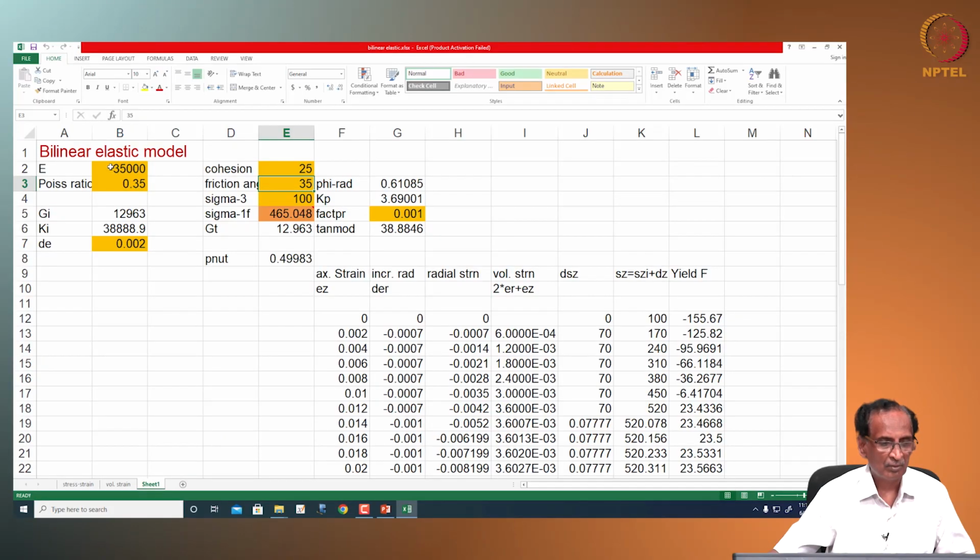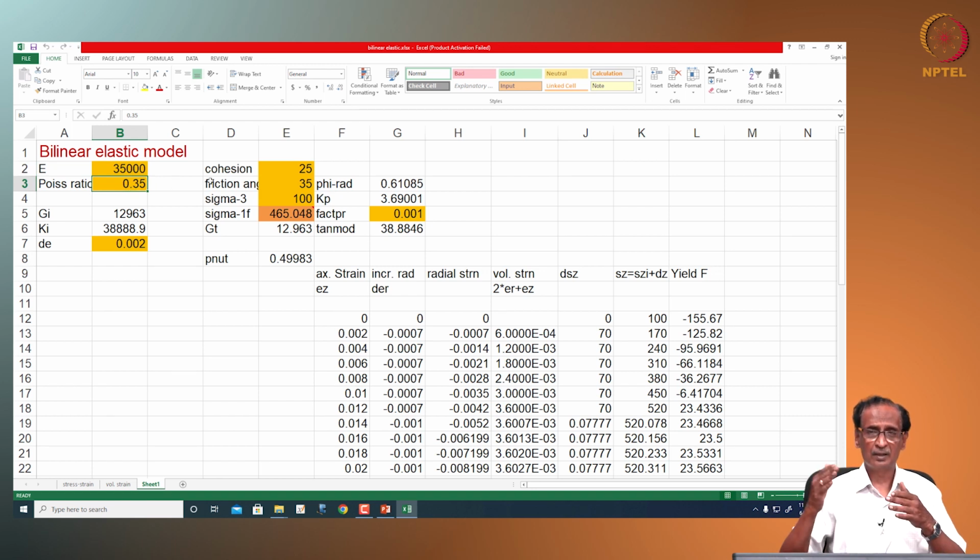This is a bilinear elastic model in terms of shear modulus and bulk modulus, and our initial Young's modulus is 35,000 and the Poisson's ratio is 0.35, and this particular one is for simulating the triaxial compression test. And let us take the same values as we have done in the class.